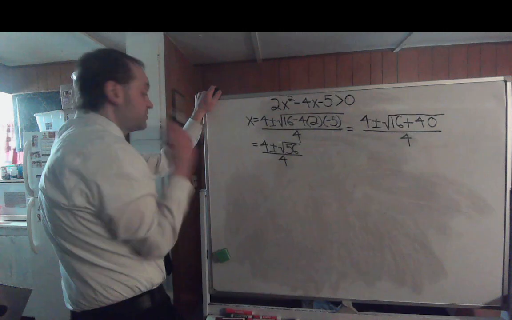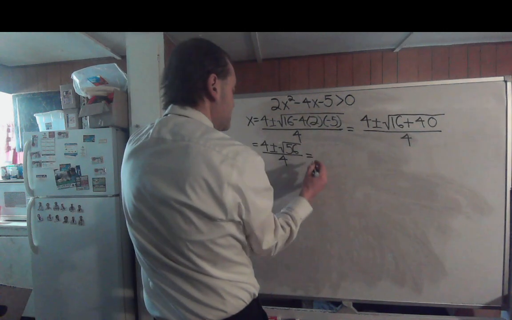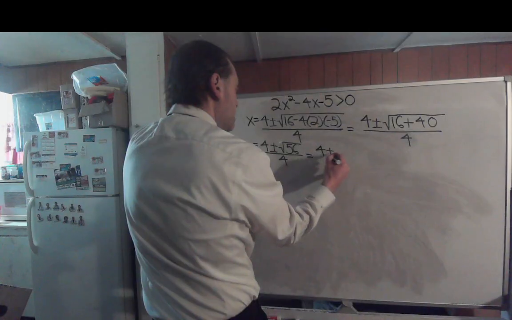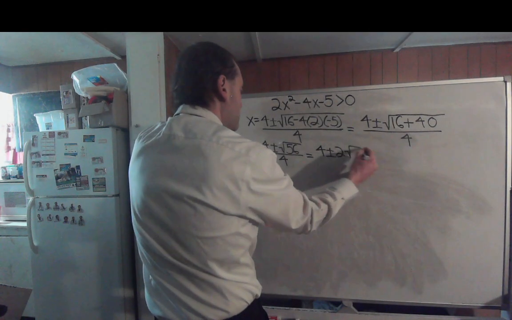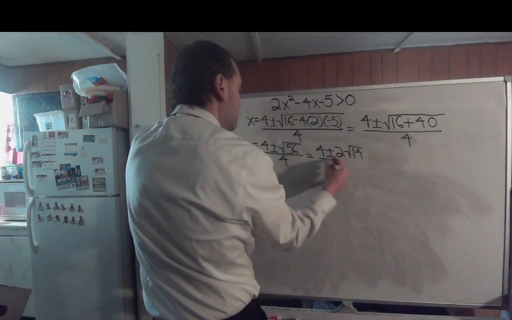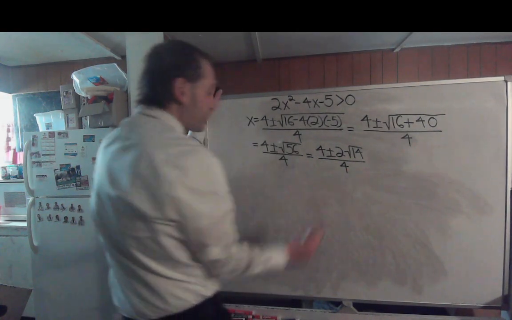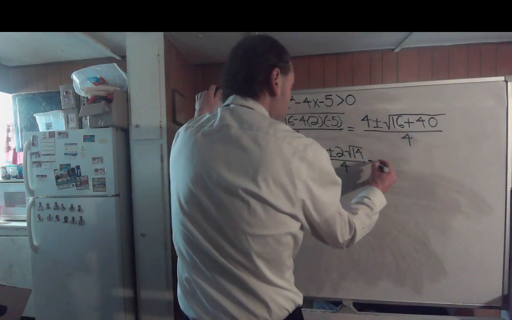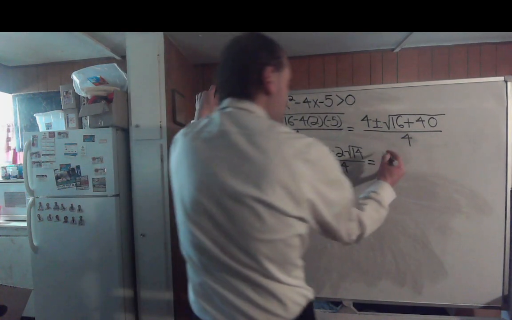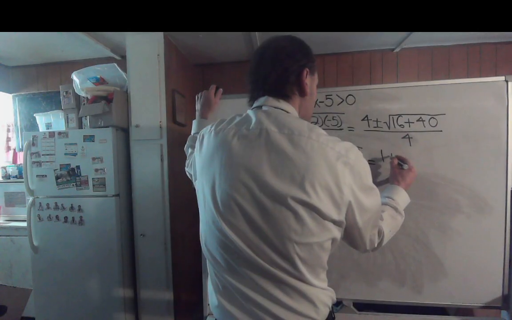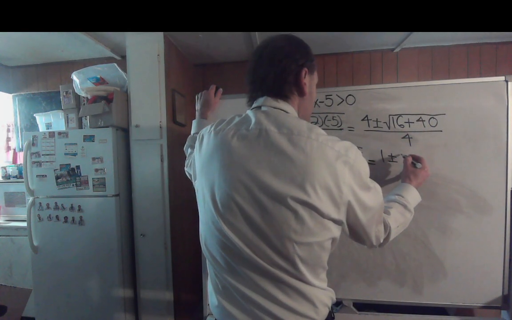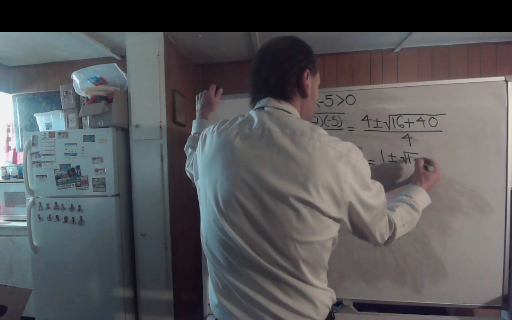Well, 56 factors into 4 and 14, so you end up having 4 plus and minus 2 times the square root of 14 all over 4, which would end up giving you a solution of 1 plus and minus the square root of 14 over 2.